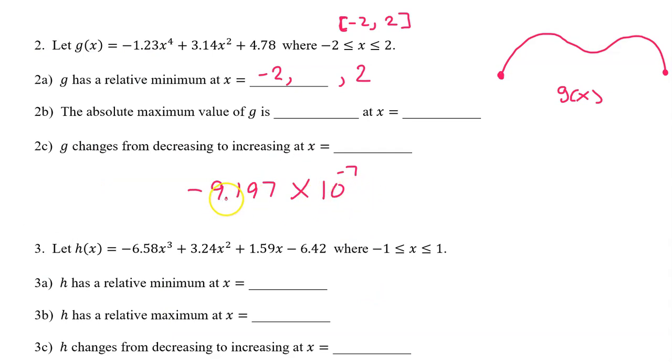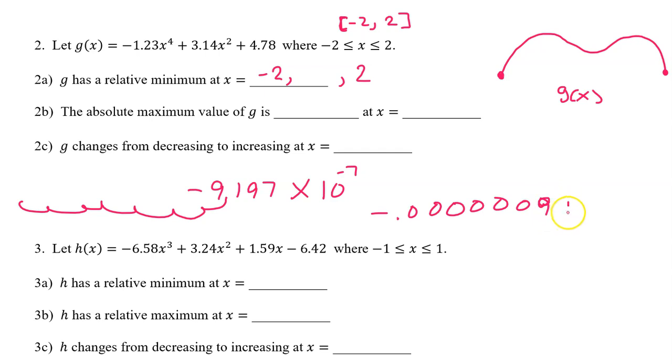So that would be like moving this decimal place to the left 7 times. So this is really -0.0000001, 2, 3, 4, 5, 6, and then 9.